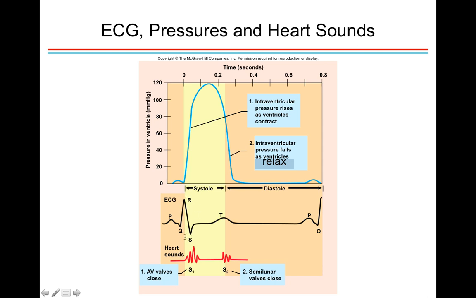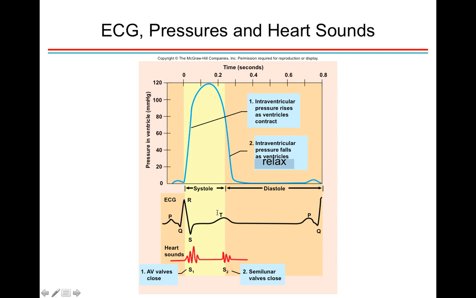The QRS is going to happen, it's going to depolarize. Remember, it's that slow depolarization thanks to the calcium-mediated depolarization following the sodium-mediated depolarization. And we're going to see this contraction of the ventricle, right? And that's going to occur during this ST wave.